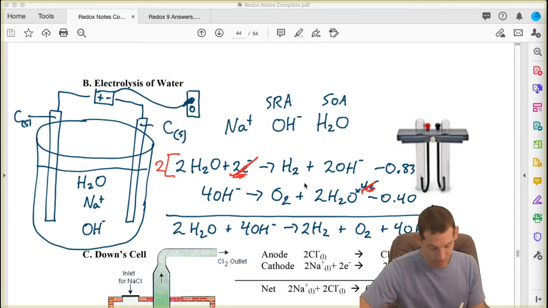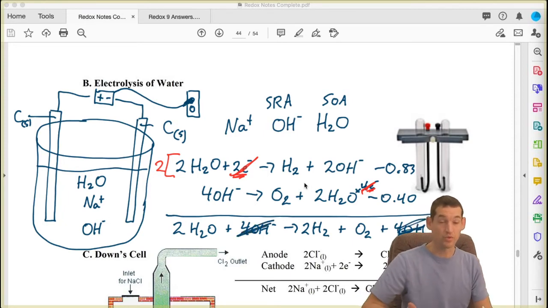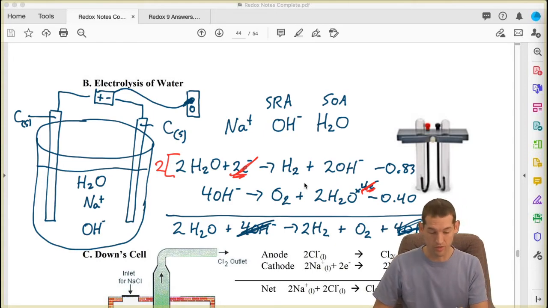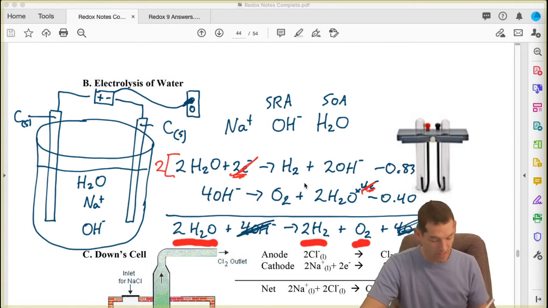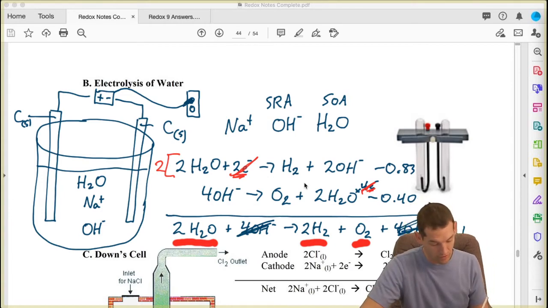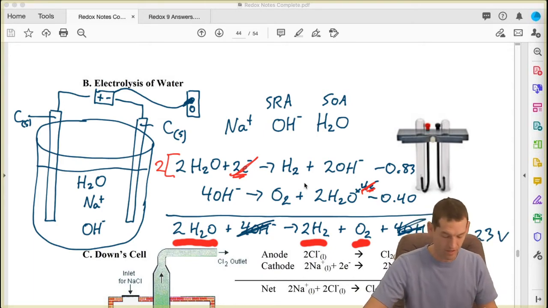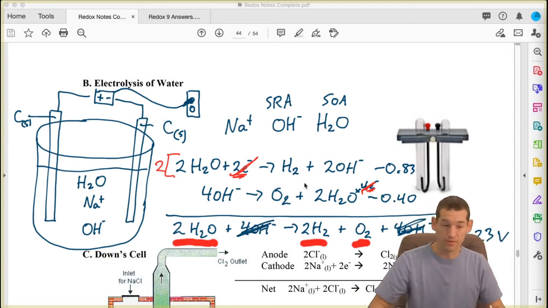So this actually goes away because it cancels out, leaving us with a net reaction of we start with water and we split it into hydrogen and oxygen. And that's it. The net voltage should be a negative 1.23 volts. That's what it would require to do this. And we should see bubbles.